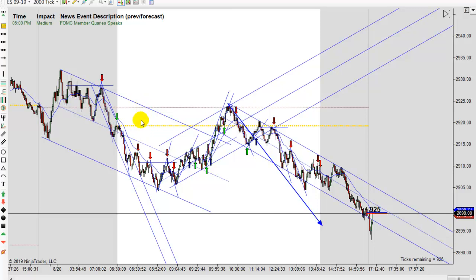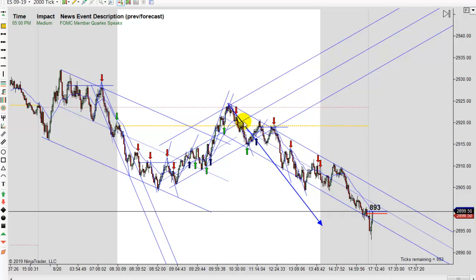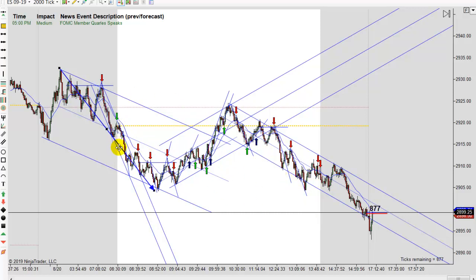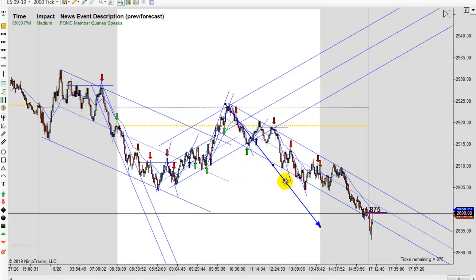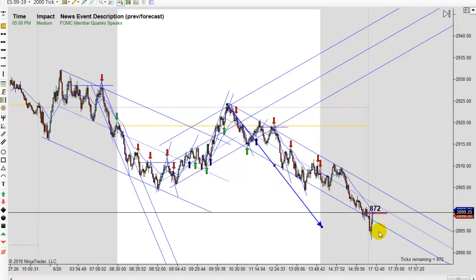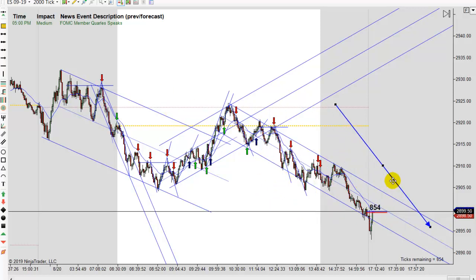So between that yellow and little dotted brown line, that would be your gap. Notice what happened. We filled that gap and then turned back down. Once it was obvious we were going lower again, you just measure this first leg and then look for a measured leg, and you can see we got almost a perfect measured leg down, and now we're bouncing. That would have been a great target to the downside, and that's what I would have been looking for.